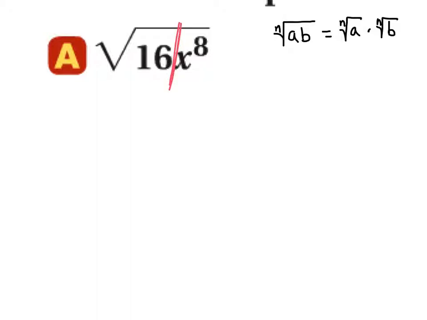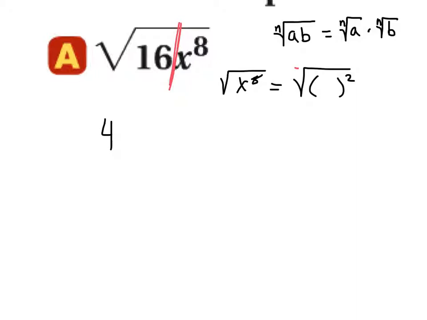It's basically like cutting that in half and saying, okay, well, what's the square root of 16? 4. Well now we want to take the square root of x to the 8th power. So what we want to do is rewrite x to the 8th power as something to the 2nd power.